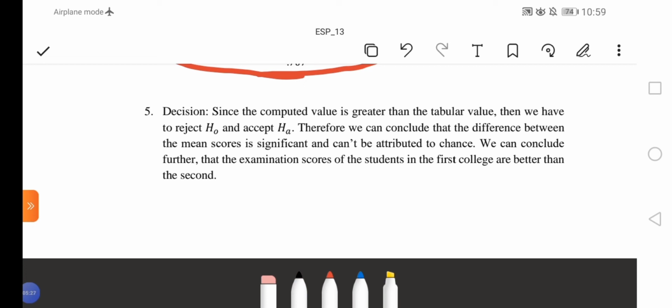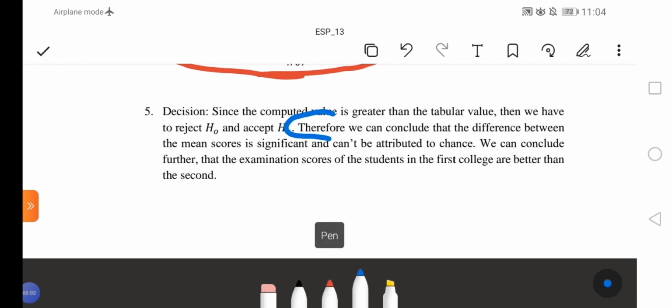So, for our last step, the conclusion: therefore, we can conclude that the difference between the mean scores is significant and can't be attributed to chance. We can conclude further as well that the examination scores of the students in the first college are better than the second.